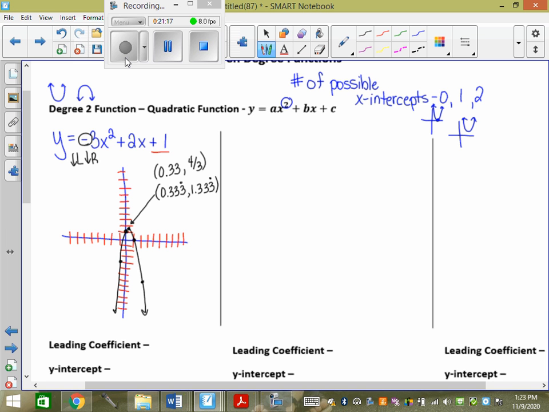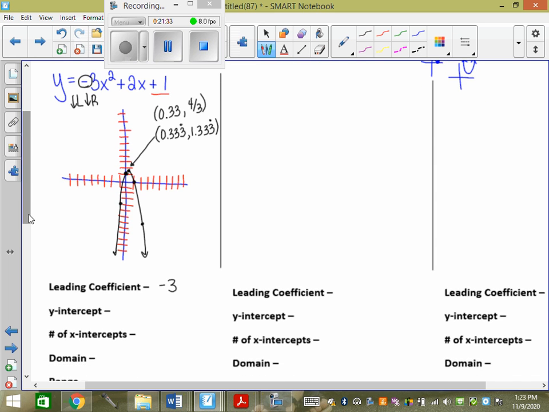So I'm going to have to find the maximum myself, right, using my calculator. But then I can pull points off of my calculator for the rest. Now, what's the leading coefficient in this case? -3. Just the number that's in front. What's my y-intercept at? 0, 1. What's my number of x-intercepts? 2.